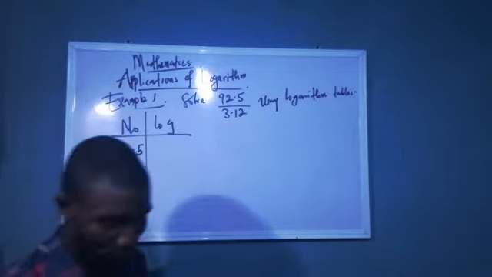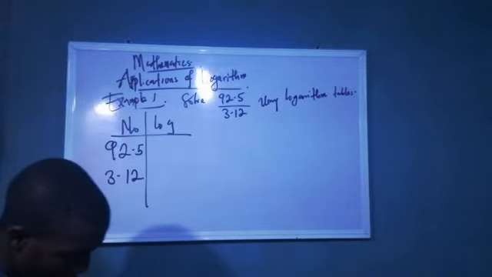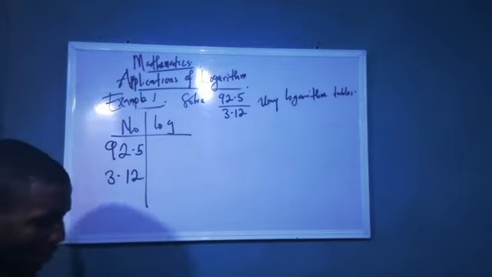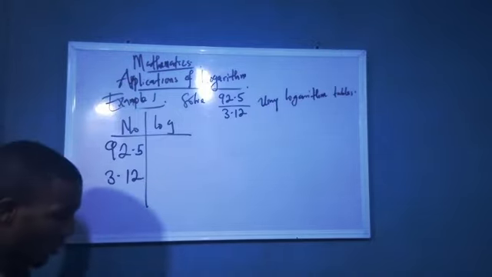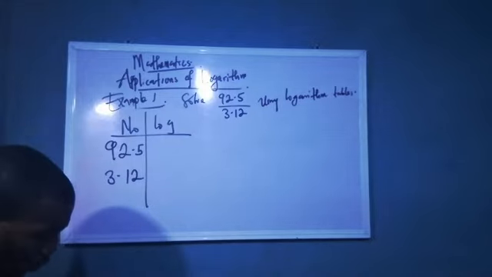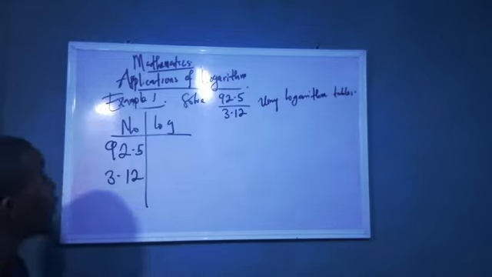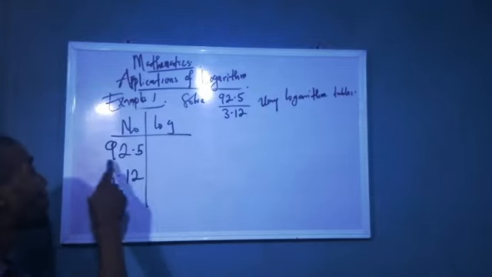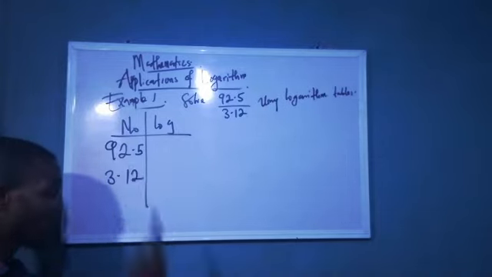So you check your logarithm table. You go to logarithm of numbers, which ranges from 10 to 99. This is 92.5, so we are going to check for 92 under 5.